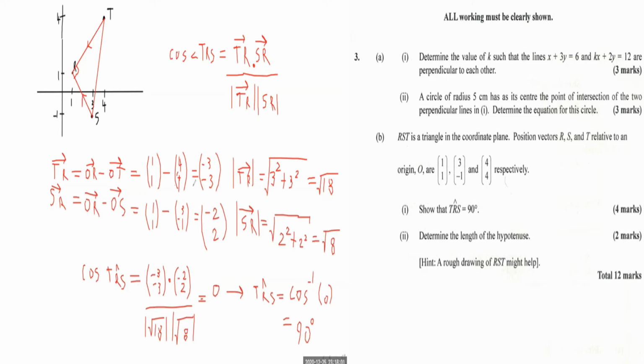Since we already found TR and SR, and since it's a right angle triangle, applying Pythagoras' theorem, TS squared, the hypotenuse, is equal to RS squared plus RT squared.